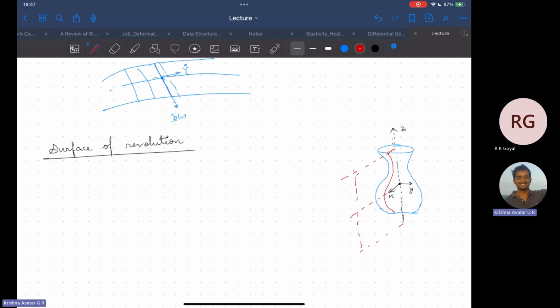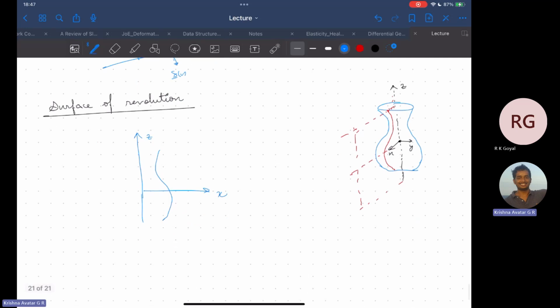So on the XZ plane, it would just look like something like this. This is Z, this is X. So this would be our profile curve.